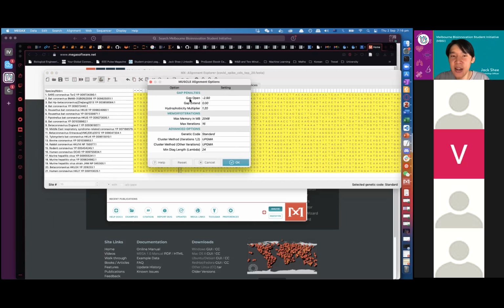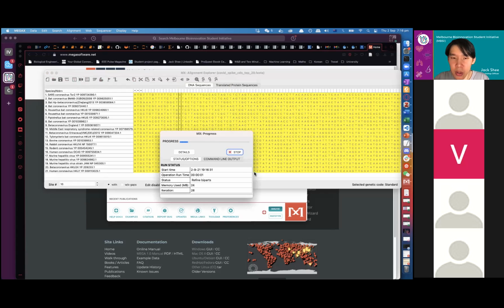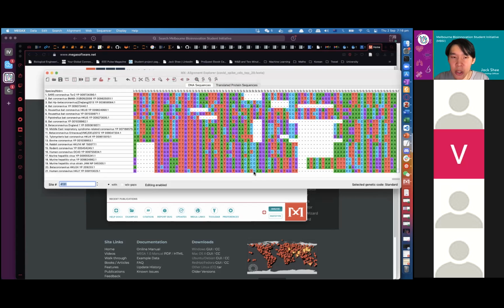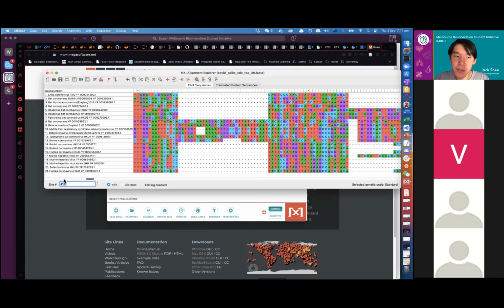And here you can actually see terminology that we've gone through in our previous workshops, for example, things like gaps. There are advanced options, but don't worry too much about those. It asks, would you like to remove gaps before alignment? No. And now this basically produced an alignment using the MUSCLE algorithm.